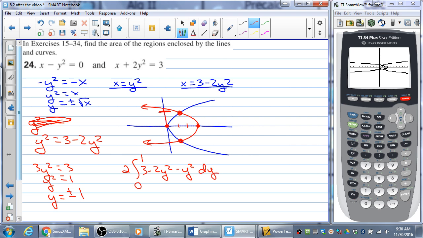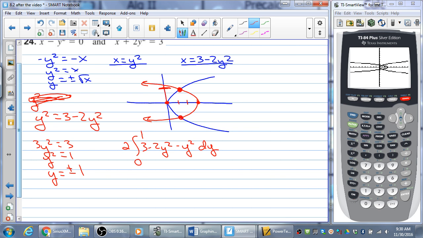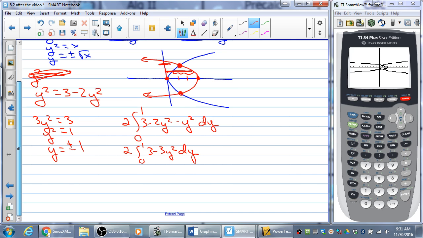Now when we integrate, we're finding the area all the way to the y-axis. So I'm taking all of this area, minusing out all of that little area right there, leaving the area in between. So 2 times the integral from 0 to 1 of 3 minus 3y squared dy. 2 times 3y minus y to the third, from 0 to 1. 2 times 3.